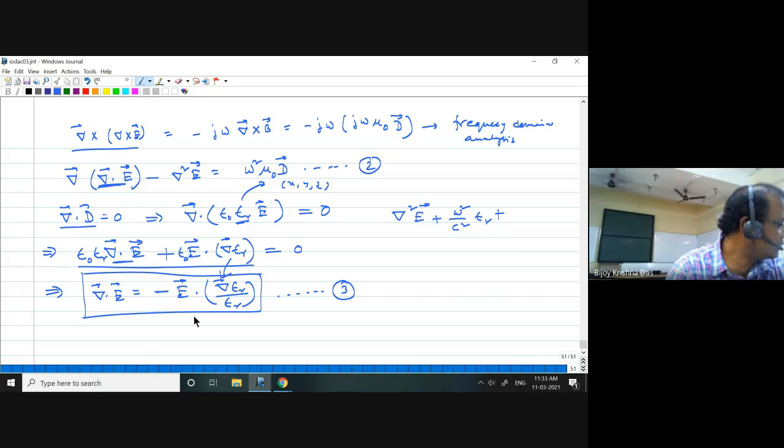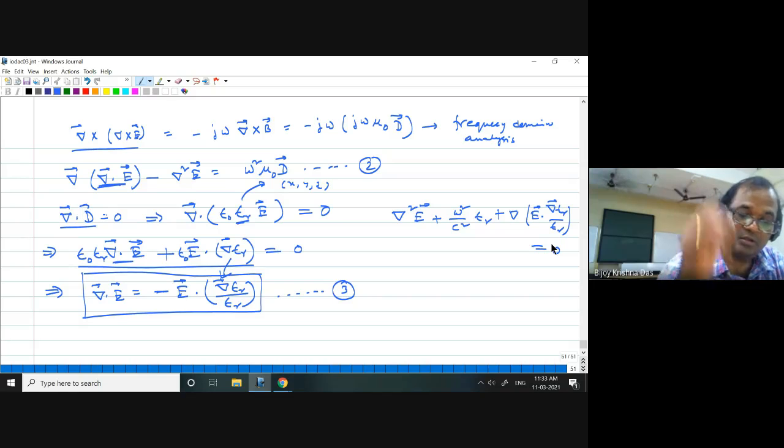divergence E, so we can write gradient of, check if I am writing correctly. Is this correct? This is what my notes are saying. Here one E will be there, right?